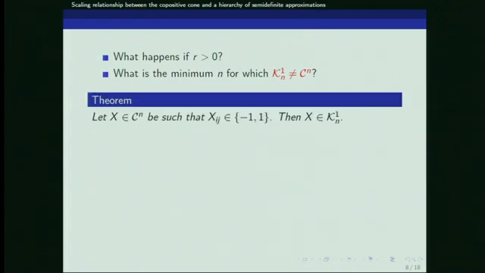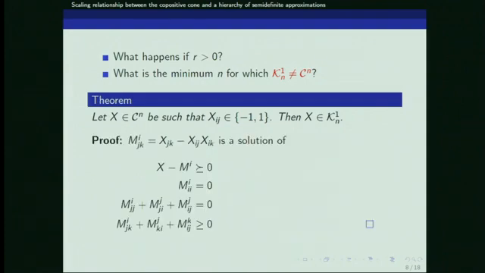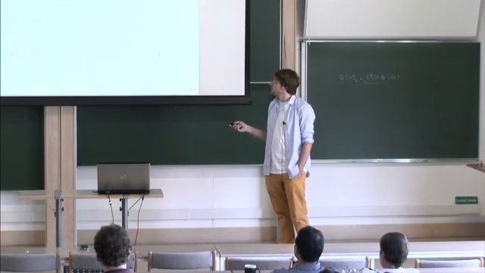In fact, we had this little theorem ourselves. If you have matrices with just minus 1s and 1s, then that matrix has to be in K^1 for any dimension. And the Horn matrix, which is an extreme ray, is in this class of matrices, of course. The proof of this is very simple. This is your certificate, and then it's not that hard to see that all of this works out.